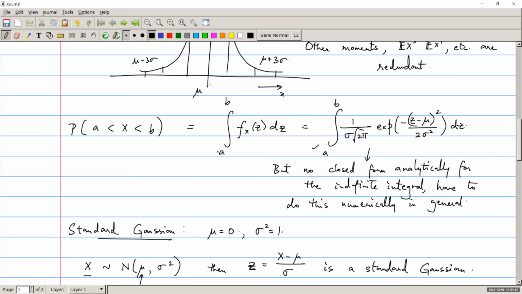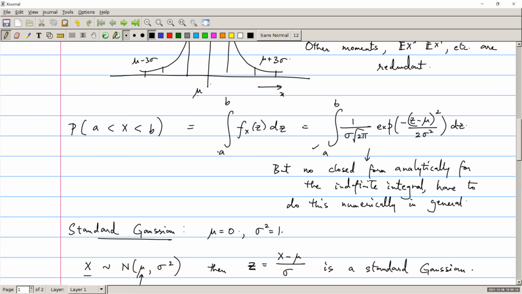So what people would do in the past, which is not so relevant anymore, is get these tables of Gaussian distributions that would tell you a bunch of integral values for specific values of a and b.